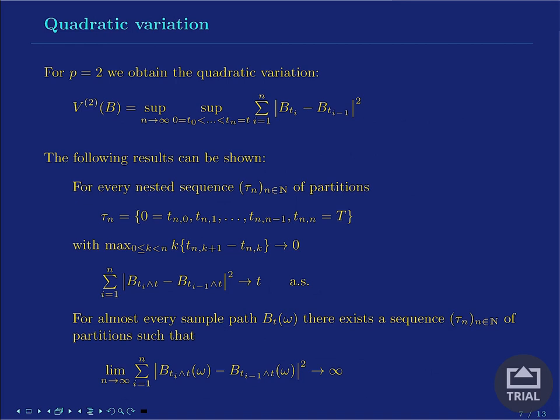However, here in this formula for the quadratic variation, we look at the supremum over all partitions. So if we evaluate that for a particular sample path, we can actually here in the supremum have to consider the worst case partition, for which this then tends to infinity, for n to infinity.